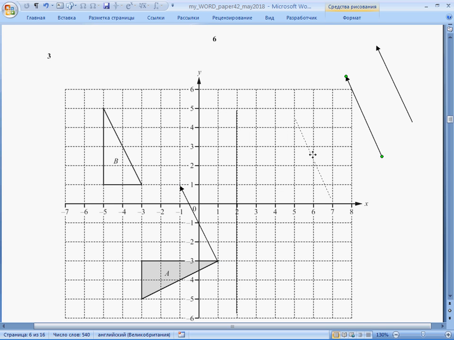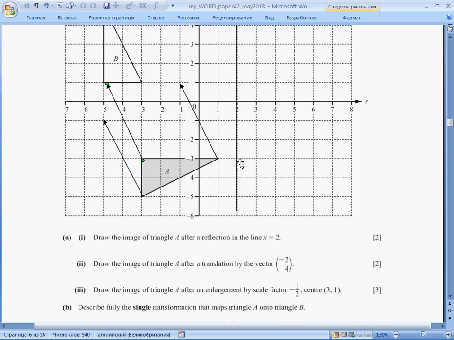So we found the position of the image point. The same here, and the same here. So we have 3 points, we connect them. As you see, it is the same right angle triangle.